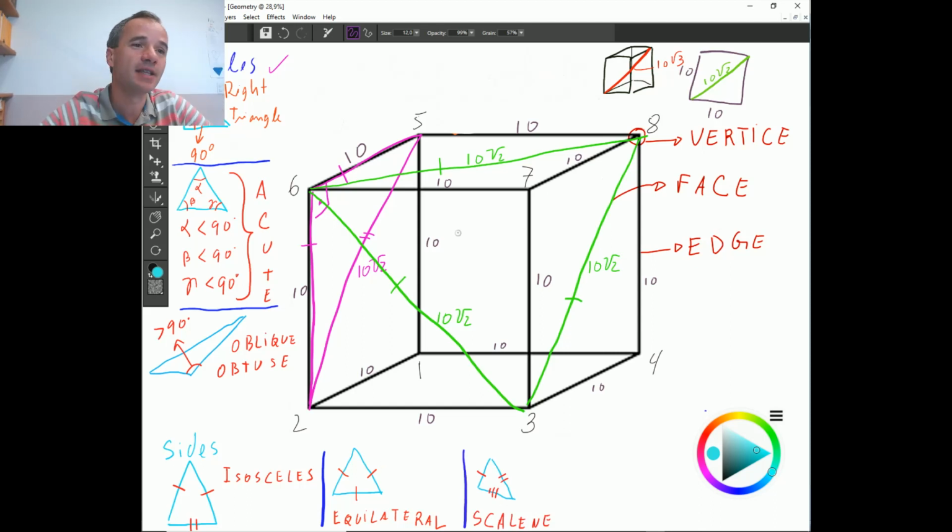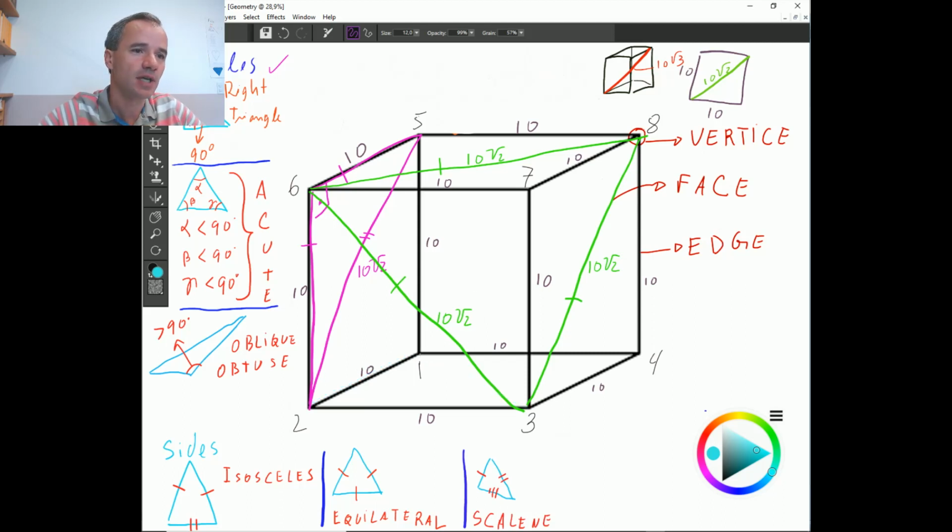Now, how can you find such a triangle here? Let's see. Let's start with this one. On the bottom we haven't done anything. So let's take this. One side is 10. The other one must be different. With this one it's not possible to make it scalene.